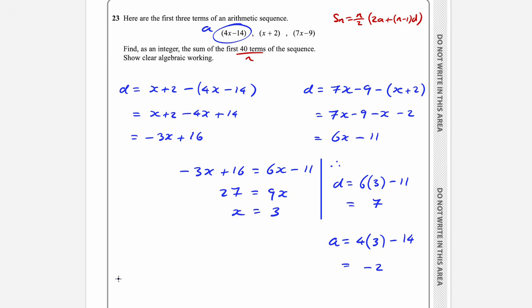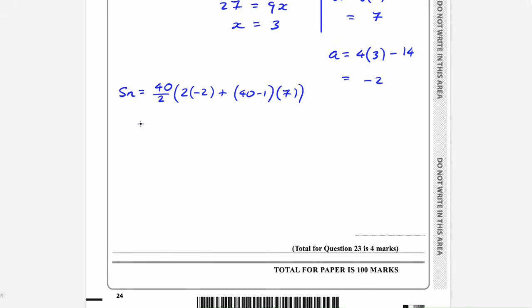I can just sub it straight into the formula. So I'm going to get s of n equals n over 2. My n, guys, is 40, so it's 40 over 2 times 2a, 2 times minus 2, plus n minus 1 d, that's my 40 minus 1 times d of 7, close brackets, and I can just sub this straight into the calculator, guys.